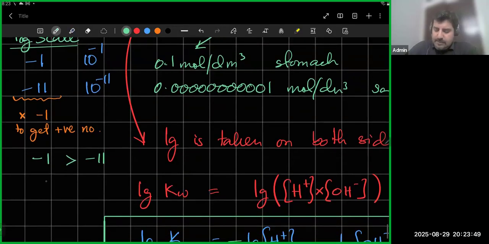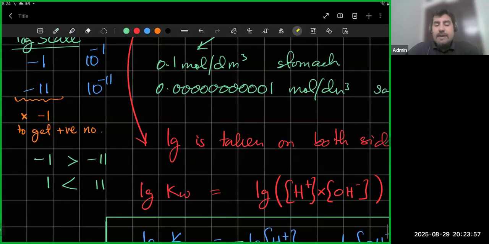Achha, lekin once you multiplied it by -1 on both sides, when you multiply anything by minus, the bigger number becomes the smaller number. So what happened was, कि अब जो 11 है ना, that's actually the bigger number. So that means a lower concentration, because you're multiplying it by -1, would actually give you a bigger number. So log इसलिए उल्टा होता है.